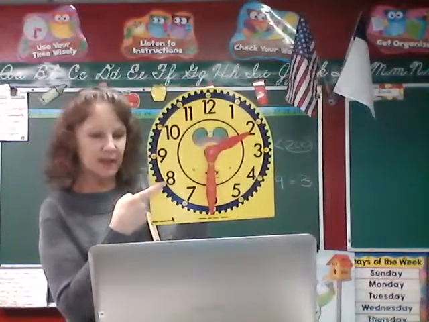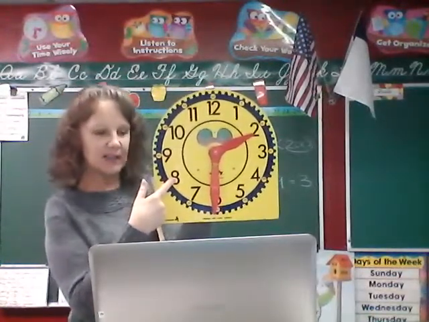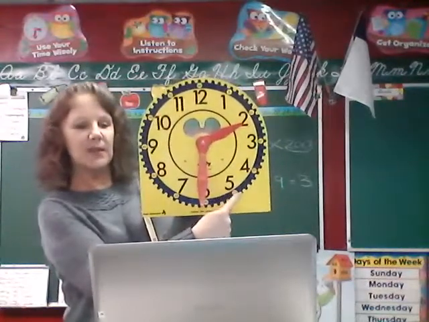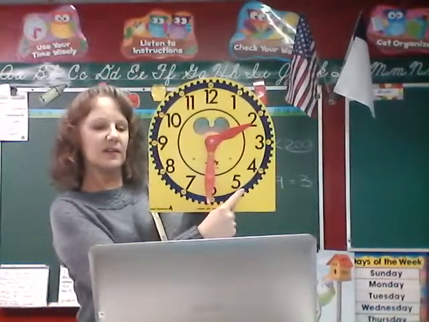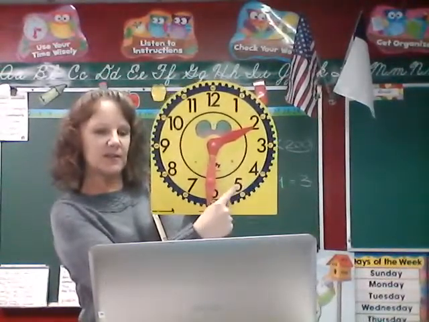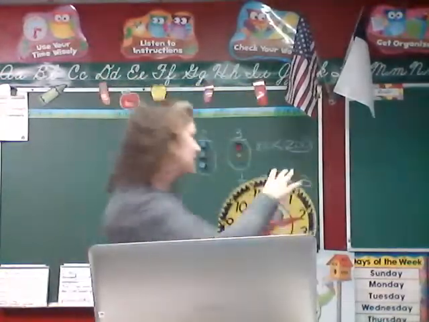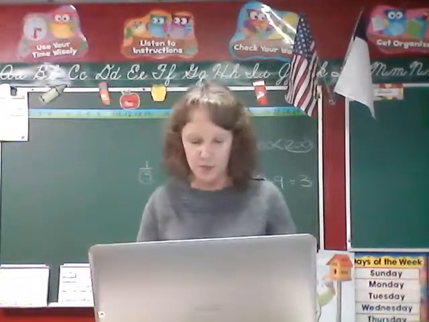So 40 divided by 5 equals 8. Do you get it? Yes. How many minutes does the 5 represent? 25. So 25 divided by 5 equals 5. Very good. Okay, so then the opposite is true for the multiplication.